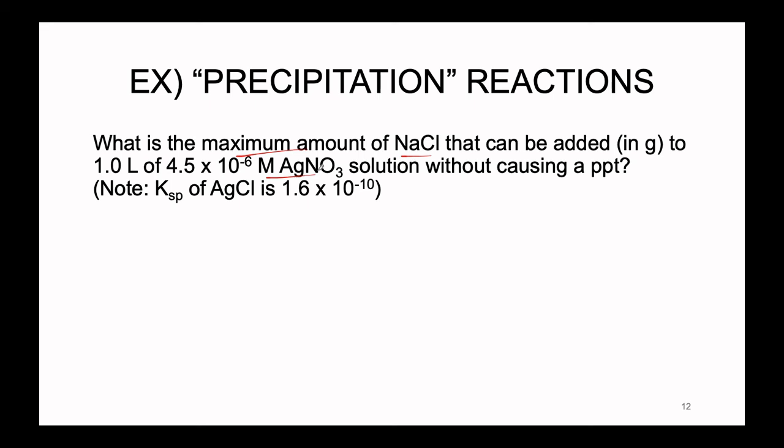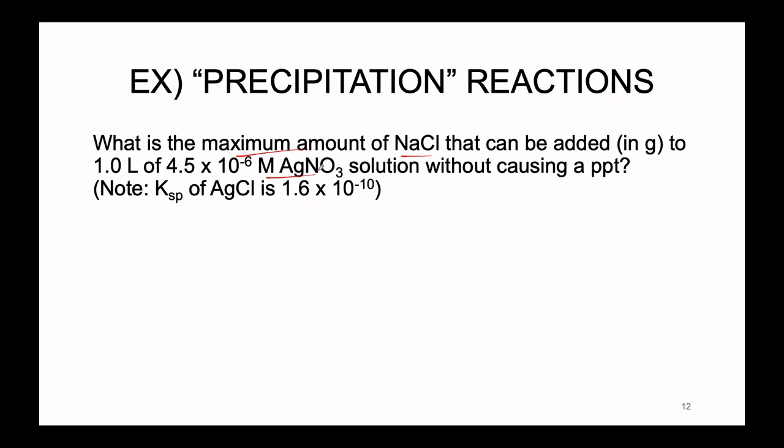We're also told in this problem what the Ksp of silver chloride is. So I would like you guys to take a breather, absorb everything we have been talking about from solubility to precipitation, and see if you can figure out how much sodium chloride you can add on your own, and then we'll double check our work together.